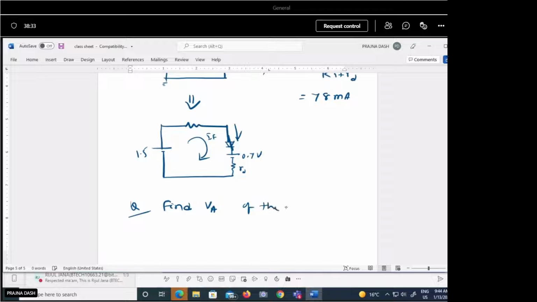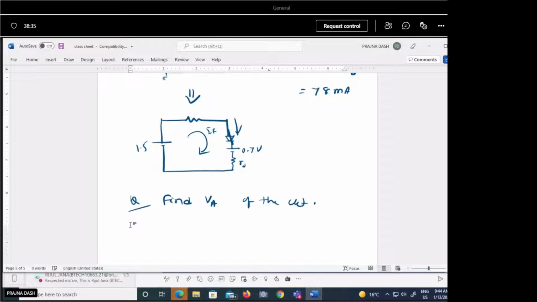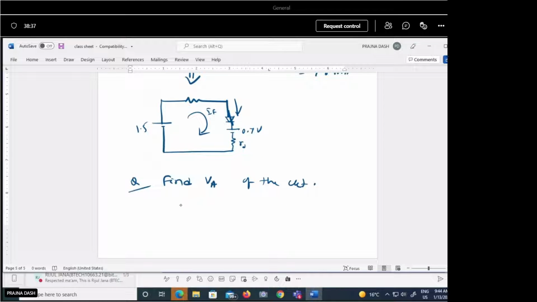of the circuit given. Okay, so the circuit is given like this: here it is given plus 15 volt. This is a silicon diode. Another silicon diode is applied here, and this is VA. Just a 7 kilo ohm resistance is there.